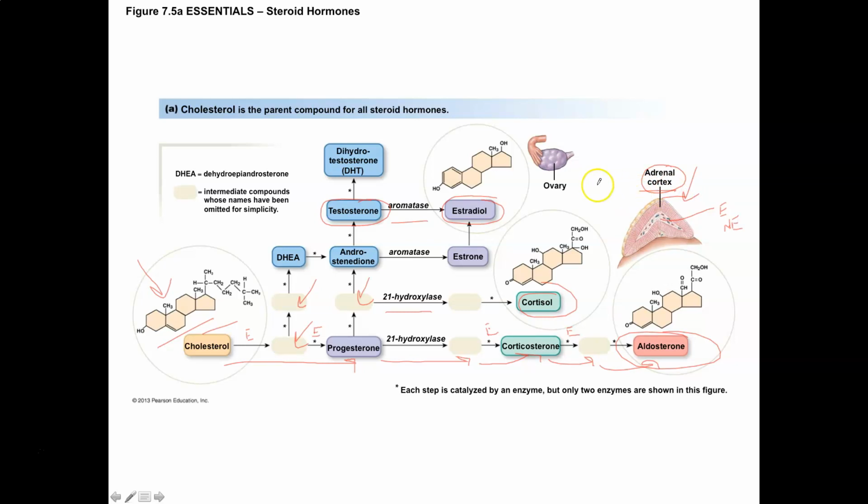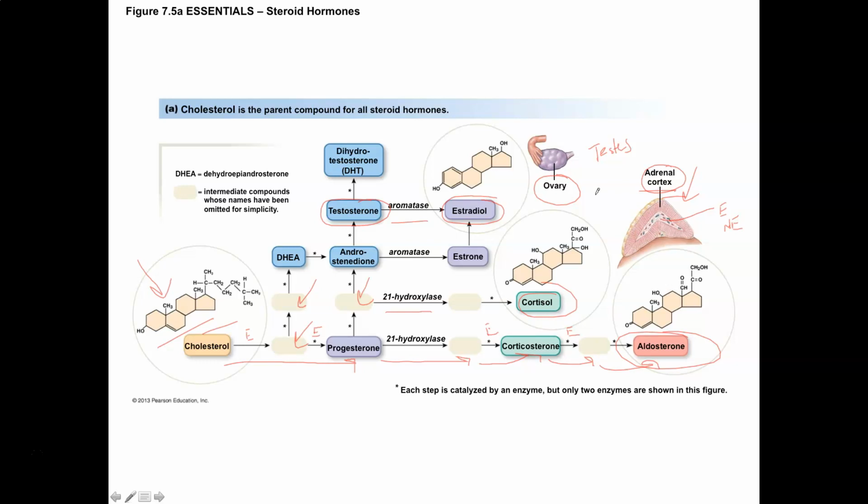Gonadal tissue, so ovaries, testes, these are going to produce your male and female sex steroids. And then you have the placenta, which is only produced during pregnancy, and that too is going to produce steroid-based hormones. So there's only a few glands that actually produce steroid hormones.